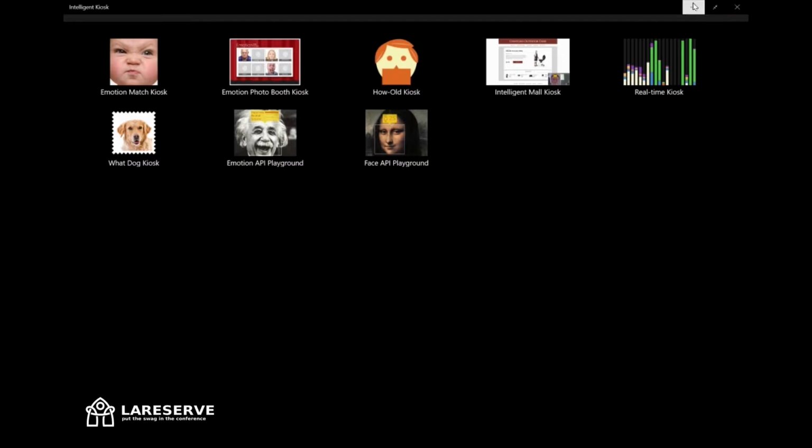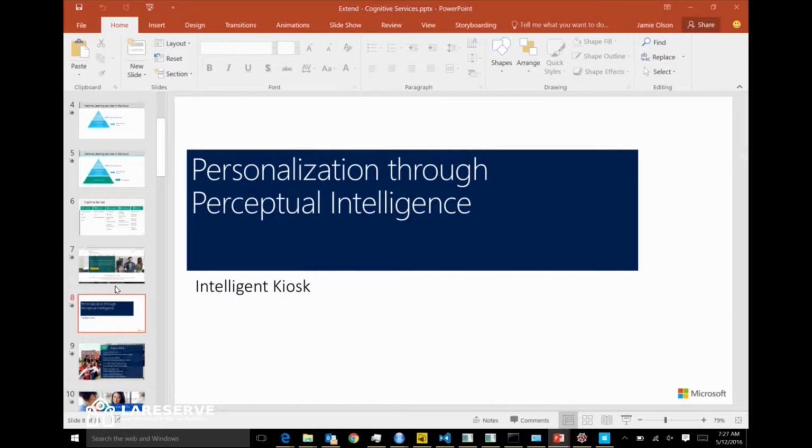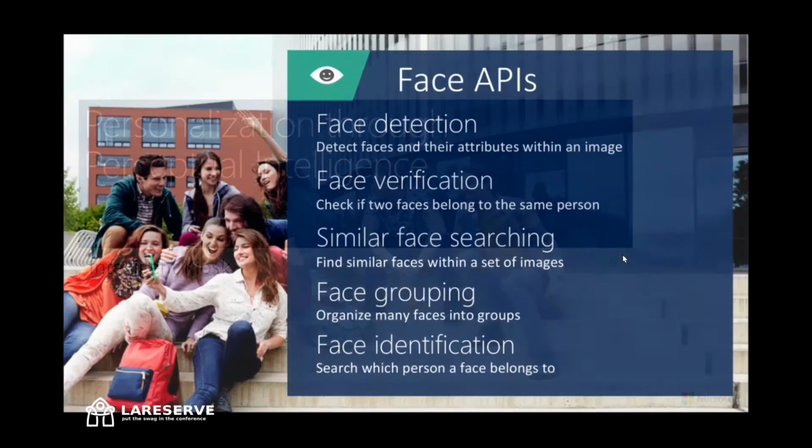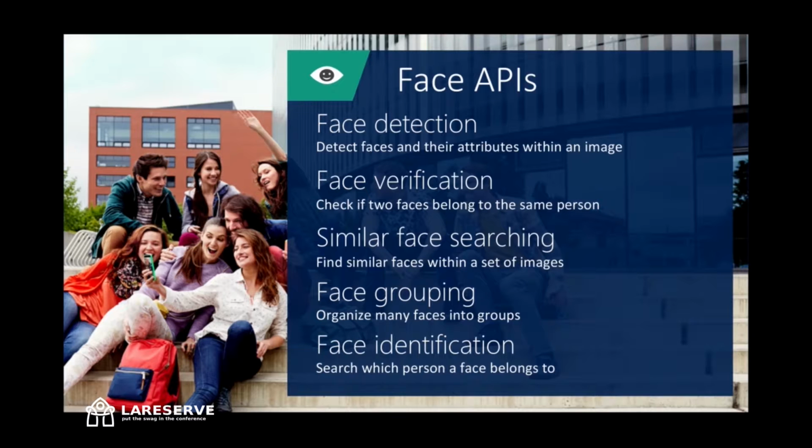So let's go back here to walk through all these different kinds of things. We have face APIs, which have a variety of features: they can detect faces, and verify the equivalence between faces, so you can start to recognize identities.